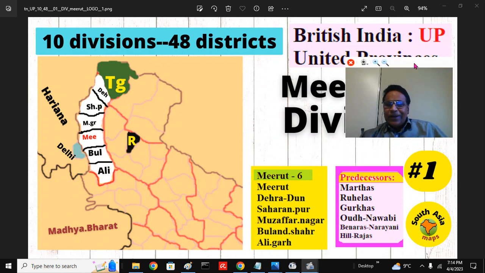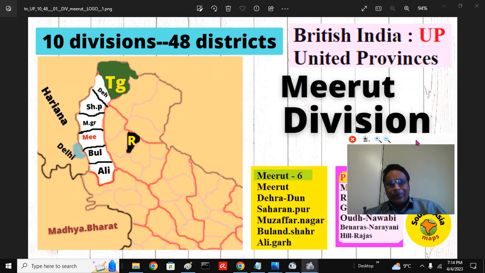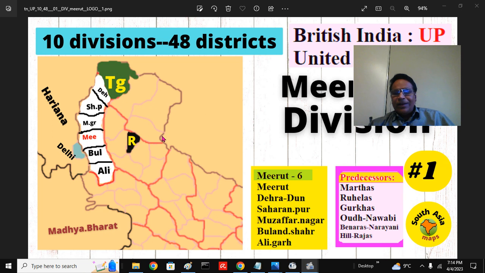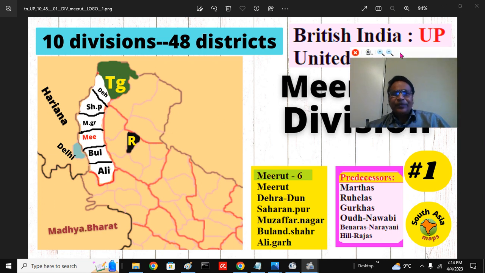We'll take this very important province, the United Provinces of British India, and the Meerut division. This is the United Province of Agra and Awadh, simply abbreviated as United Provinces, UP, later Uttar Pradesh, so the acronym remained the same.